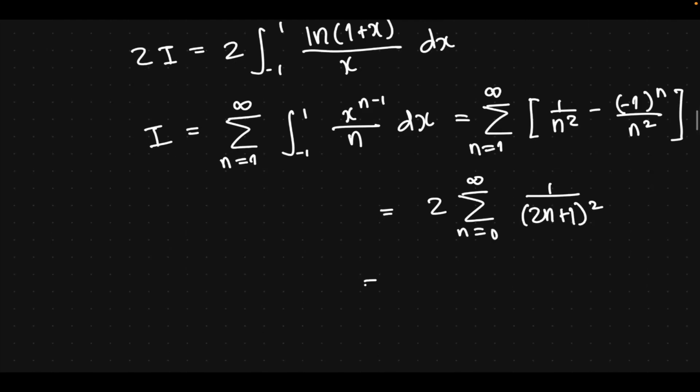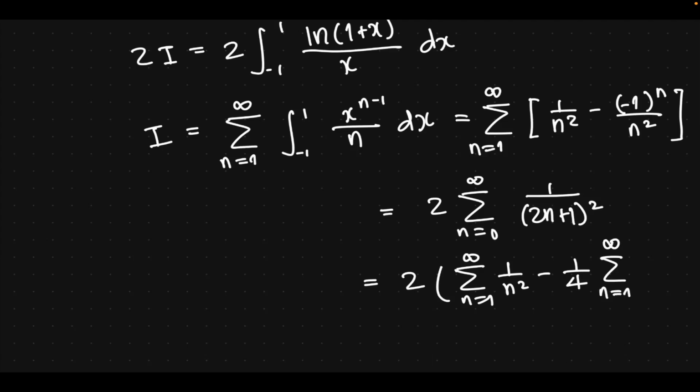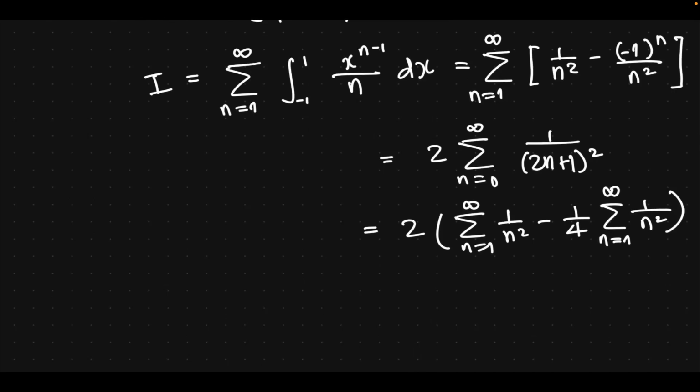It's just the sum of odd terms, which we can write as the sum from n equals 1 to infinity of 1 over n squared minus 1/4 sum n equals 1 to infinity of 1 over n squared. So I'm writing the inverse square of odd terms as the inverse square of all terms minus the even ones, but the even ones had a 2n, the whole squared, which was a 4.